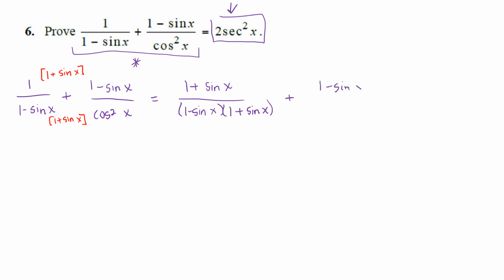So I can rewrite that as the difference of two squares, which would be 1 minus sine squared x, and then my second ratio is still the same.